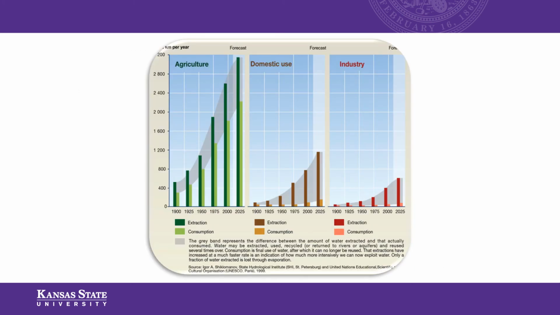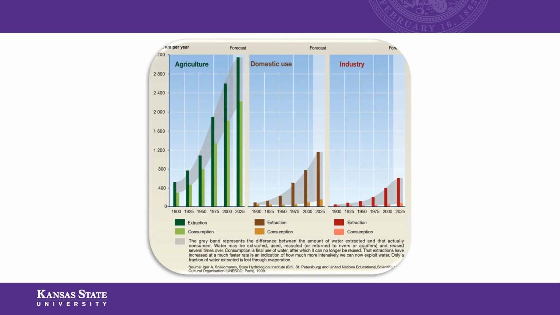So how are we actually using all this water? Well, we've already talked a little bit about this. It turns out that worldwide, the single major user of water is agriculture. We often don't necessarily focus on agriculture. We often think about how we use water in our home, how we use it to generate electricity, how we use it to make things.